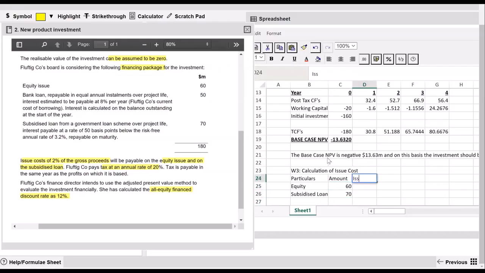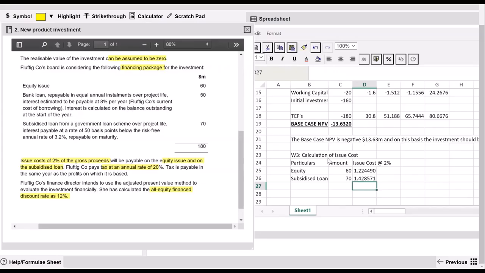They've very clearly specified that the issue cost is at the rate of 2%, so 60 divided by 98 into 2, which is going to be 1.22449, and the subsidized loan again divided by 98 into 2.